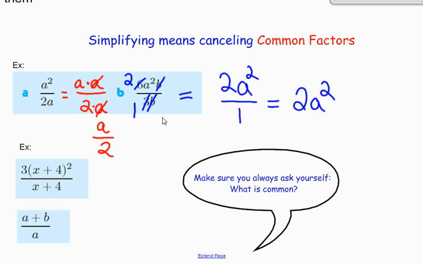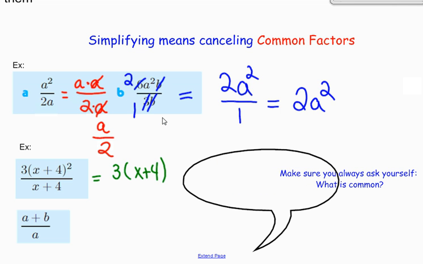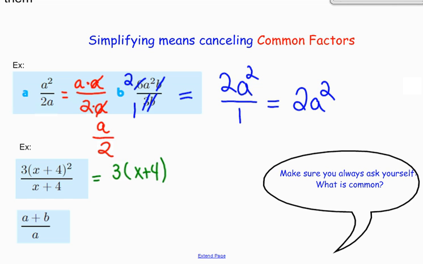In this example here, we've got 3 times x plus 4 times x plus 4 over x plus 4.